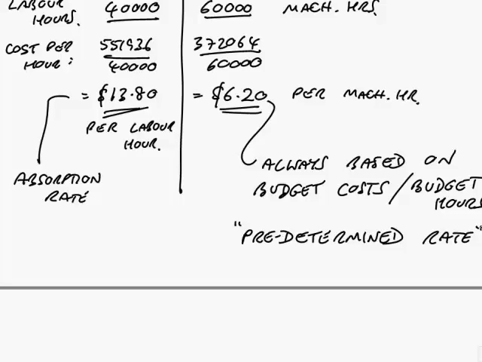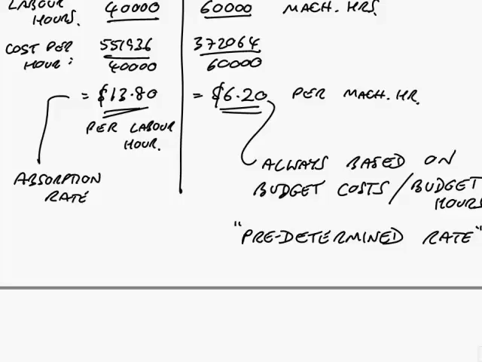Smith Limited has budgeted overheads and budgeted labour hours of 50,000. Before we read any more, I've just said twice, but you must remember, the absorption rate is always based on budgeted figures.